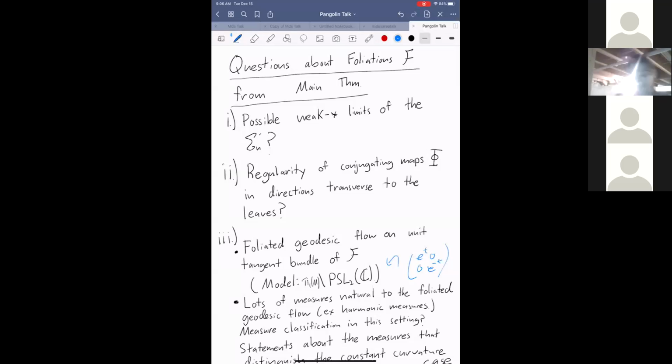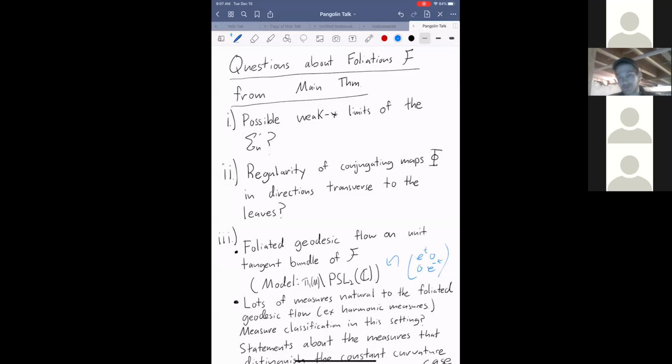And one final thing I'll say is that another line of questions you can ask is, in the almost Fuchsian case, there's a really rich theory where all the different measures of complexity of a quasi-Fuchsian manifold are related. You can look at principal curvatures of the minimal surface in the middle. You can look at the volume of the convex core.